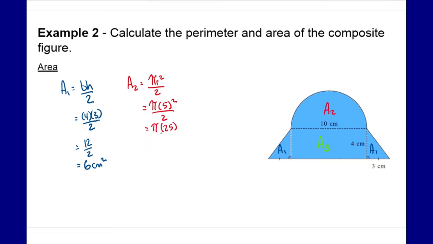Pi times 25, or 5 times 5, divided by 2. And we get 39.3 centimeters squared. And then lastly, for our rectangle, area 3, easy one, length times width, 10 times 4, which is 40 centimeters squared.